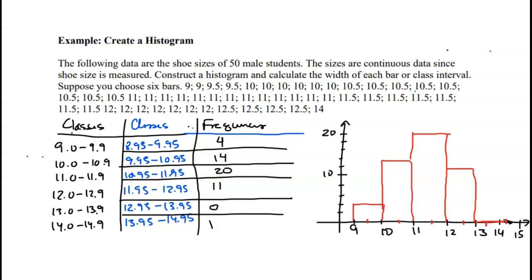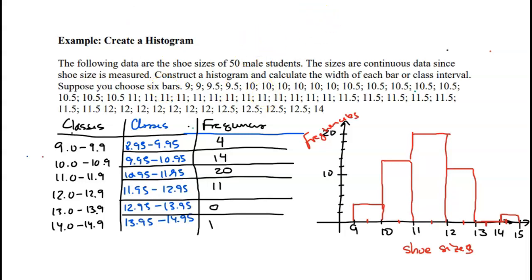And 14 to 15 we have 1. So here's my histogram. So these are the shoe sizes. And these are the frequencies. Like this. Okay?